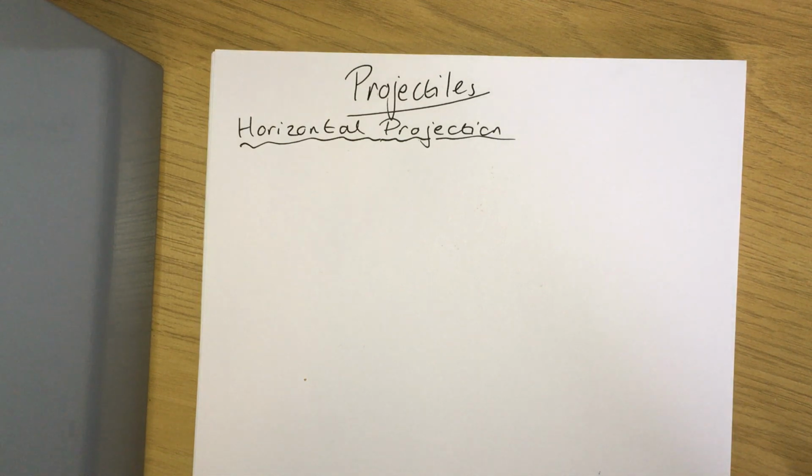So it's going to come down in a parabola shape. What we can do in these particular situations is ignore air resistance and ignore any rotational movement of the particle. So when we're modelling, those are the things that we ignore.